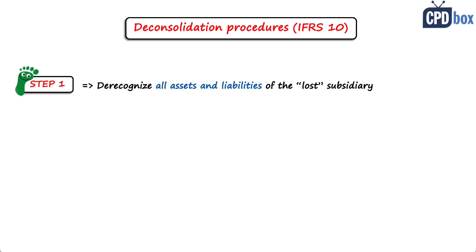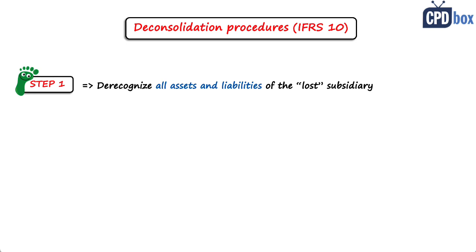Before we start, let's summarize the consolidation procedures. So those are not precisely stated as here in IFRS 10, but they are derived from that standard. So step number 1, derecognize all assets and liabilities of the lost subsidiary at the date when control is lost.